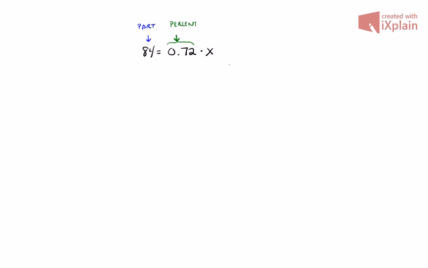If you're not sure why, this is actually 72% converted into its decimal form. So our goal is to find out what the whole value, or base value, or starting value is. When we approach this problem, there's multiplication happening between our variable and our number. How do we undo it? Again, we're going to undo it with a division.